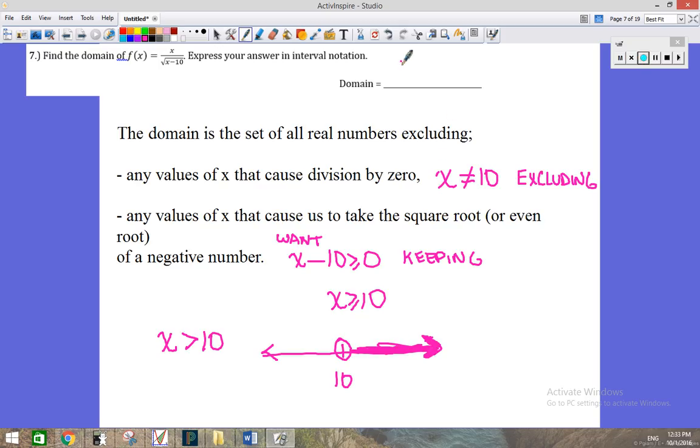So I need this to be an open parenthesis, not a bracket, because if we tried to input 10, we would get 10 divided by 0, and that is not an output. That is undefined. So that 10 won't have a y value to match up to. Now, any other value is okay. So there's our final answer.